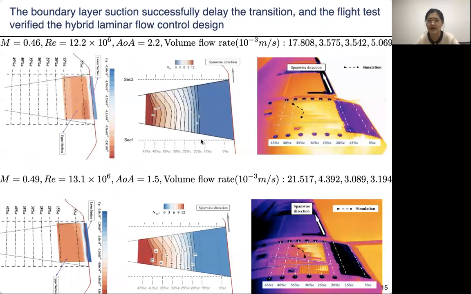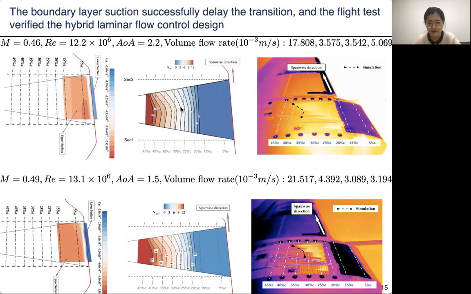We also did the hybrid laminar flow to see the suction effect on the Tollmien-Schlichting instabilities. Here for this flight test, in the suction panel, we use 4 chambers, and they correspond to different volume flow rates, which means different suction velocities.